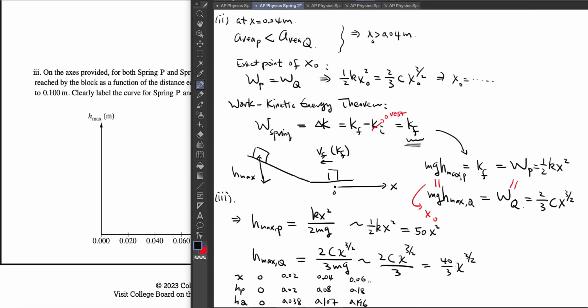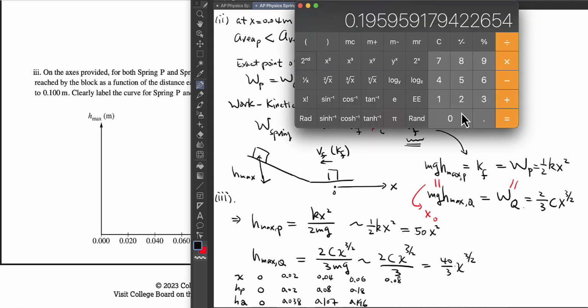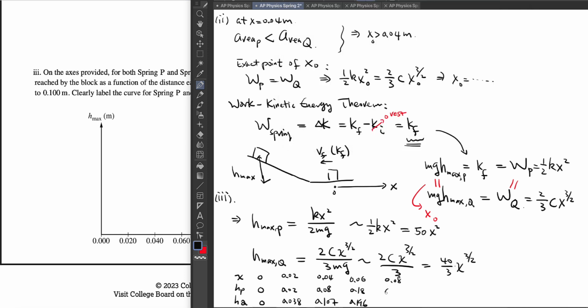So you can see up to 0.06, the H max Q is still greater than H max P. However, they're getting closer now. Let's try one more, let's say 0.08. So that's 0.32.